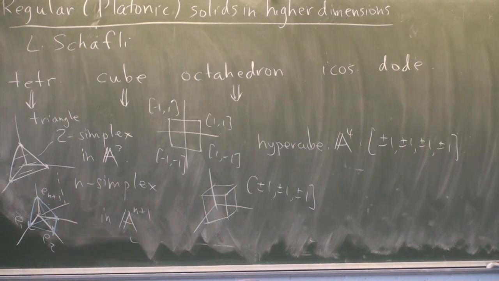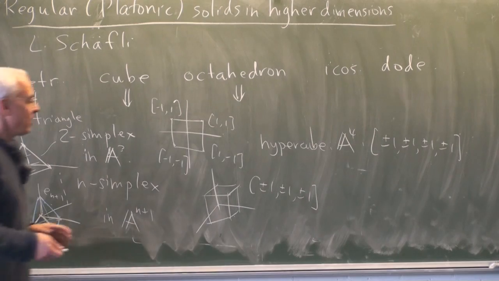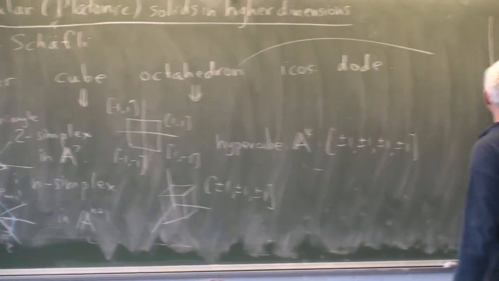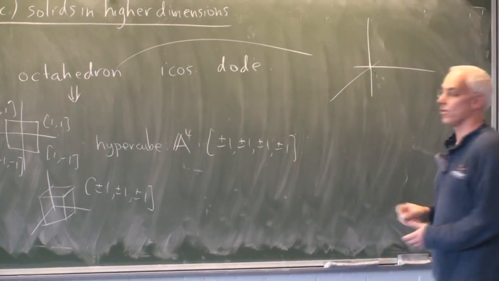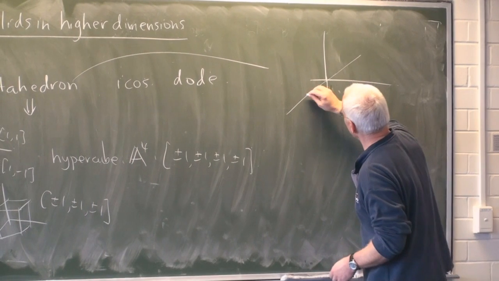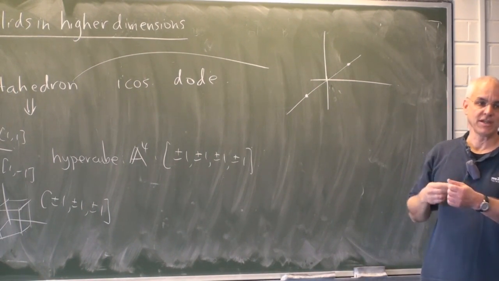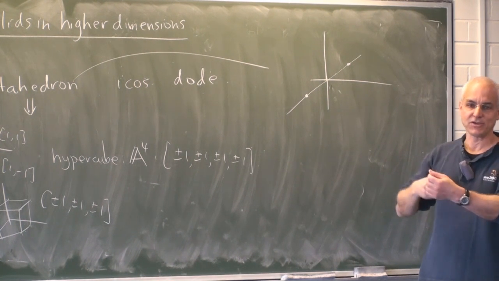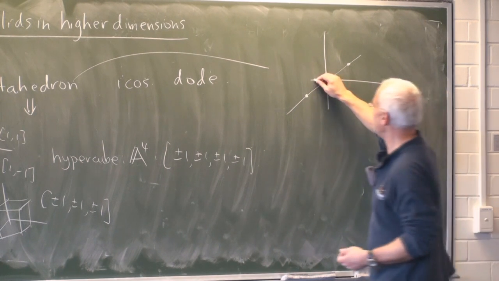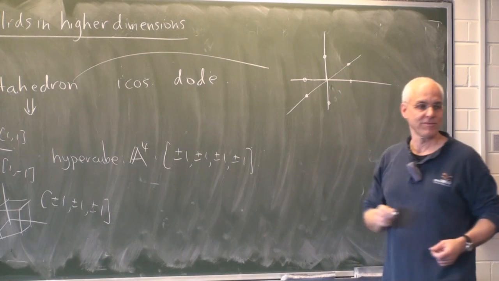What about the octahedron? What's the right way of thinking about it? Well, let's go over here. For the octahedron, you take the standard coordinate vectors again, and now you take unit vectors in both directions on each of the axes. Plus or minus the unit vectors.